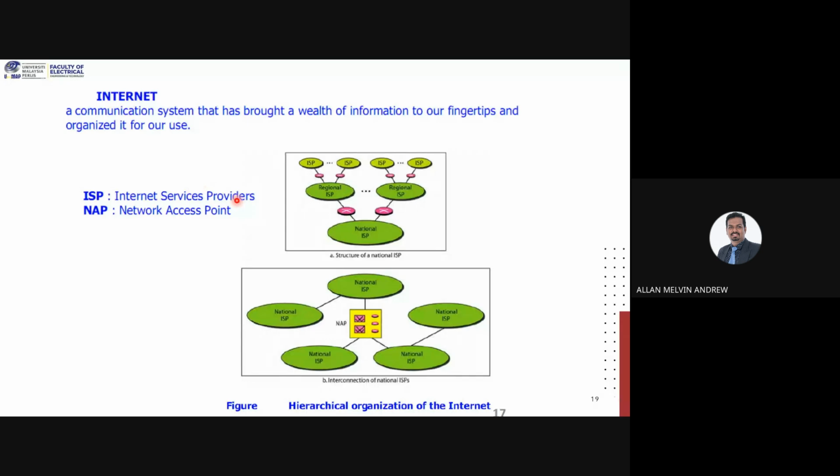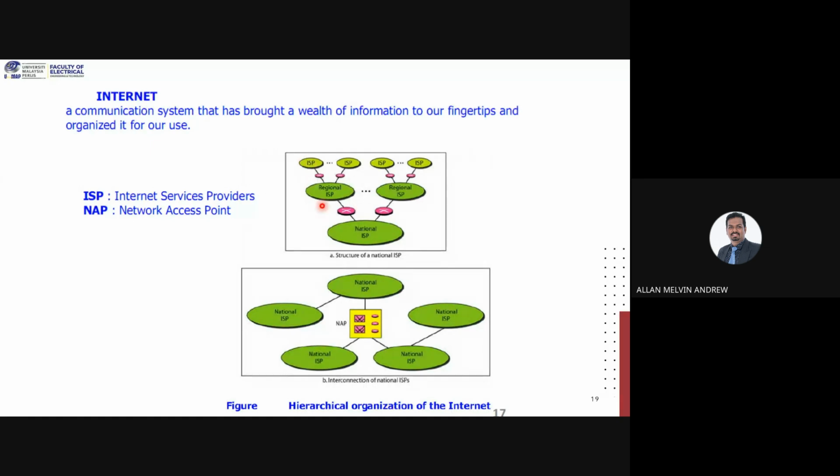If you are using Maxis, Maxis is your ISP. If you are using Celcom, Celcom is your ISP. Then it will be connected to a network access point. So you can see, an ISP can be just like a node.